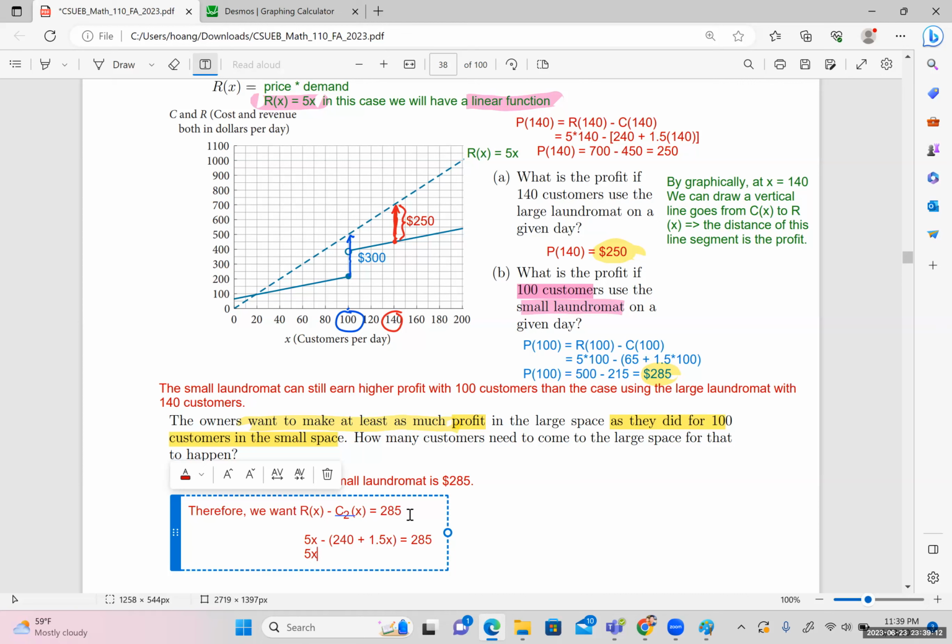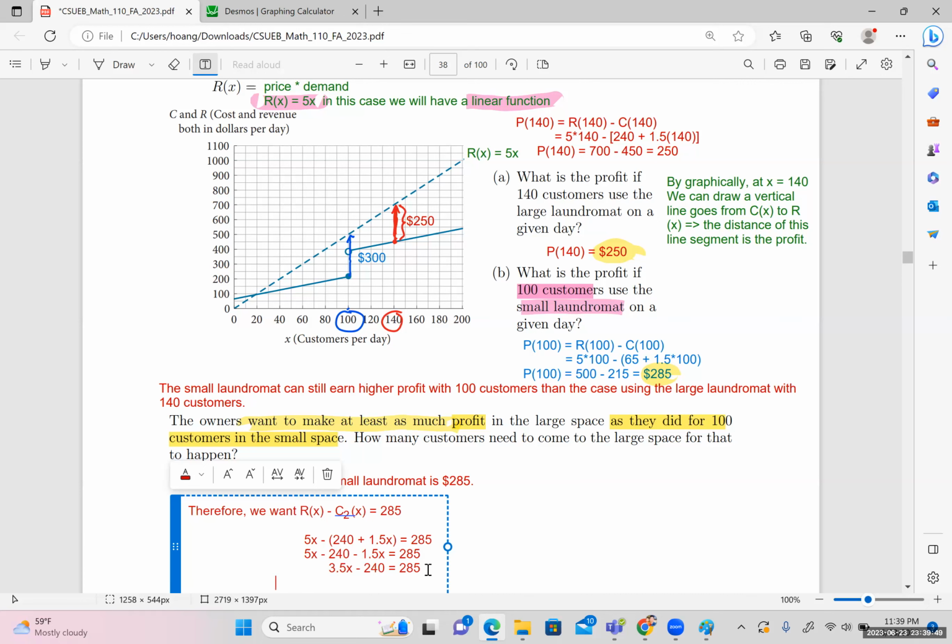So 5x, I subtract 240 and subtract 1.5x, and I get 285. Simplifying the left side, I get 3.5x minus 240 equals 285.